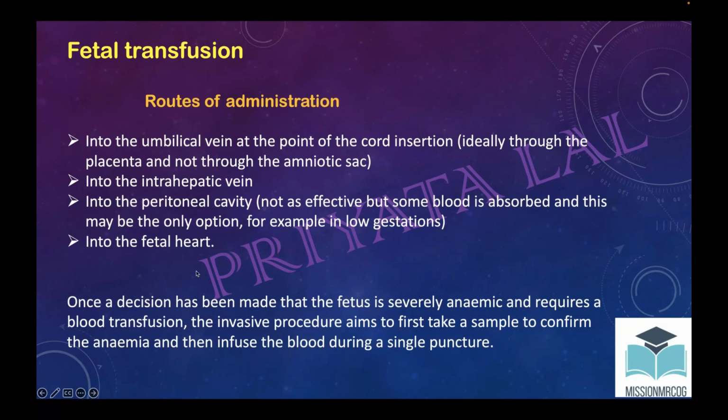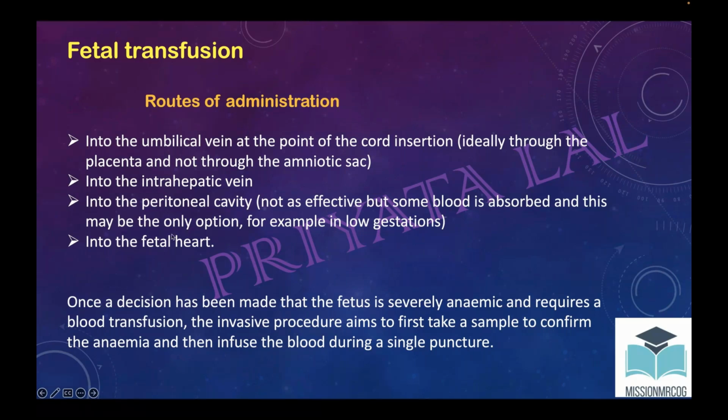Either it will be the umbilical vein at the point of cord insertion, or the intrahepatic vein, or the peritoneal cavity. But if it is in the peritoneal cavity, it will not be as effective because some of the blood will be absorbed. Or it can be into the fetal heart.